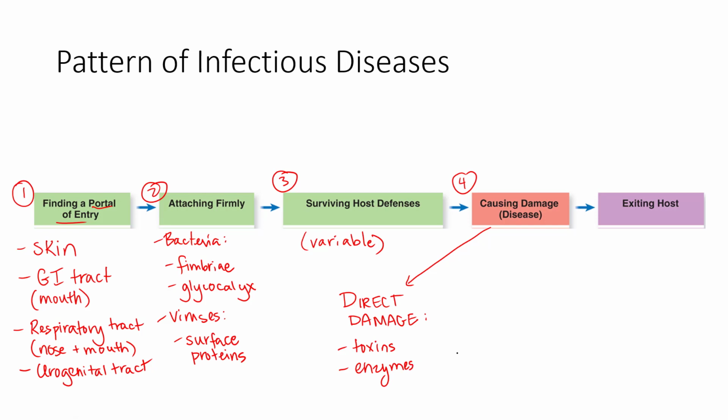So we can get direct damage, so the cells of the body actually do get directly damaged, or the other popular approach of the pathogen is indirect damage. And what that means is the immune system is overstimulated.